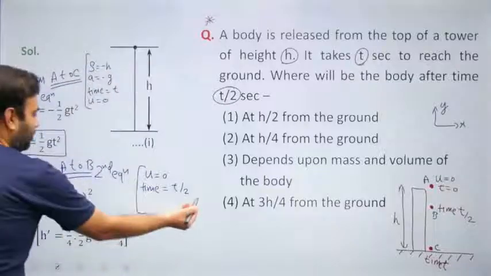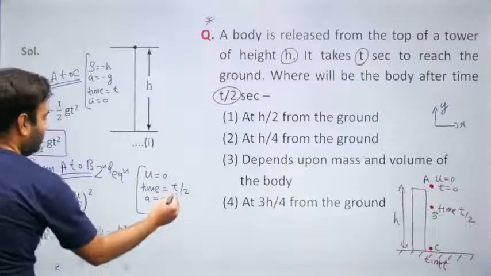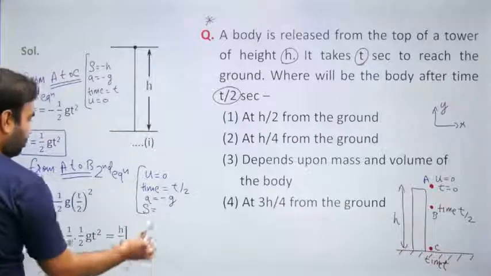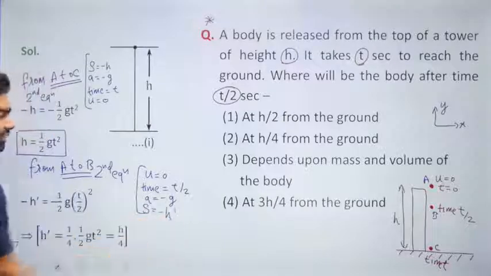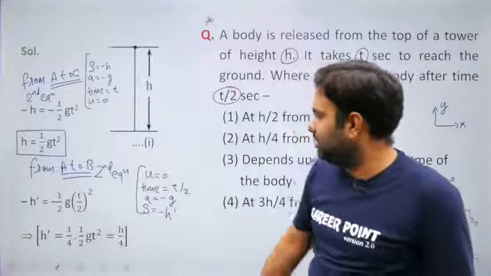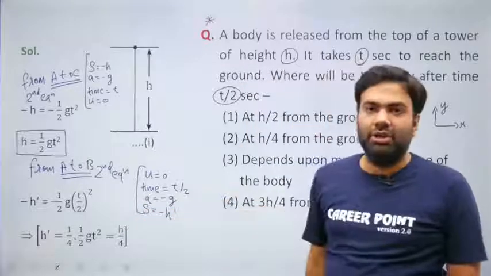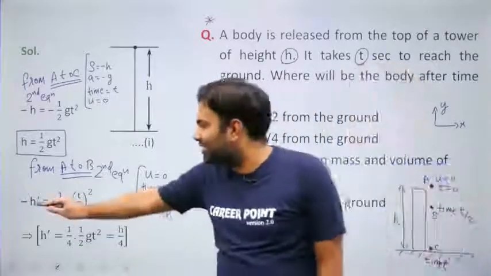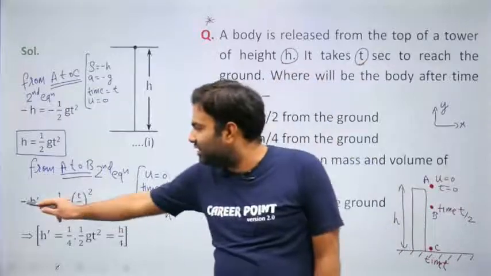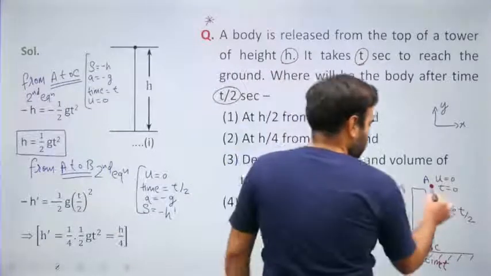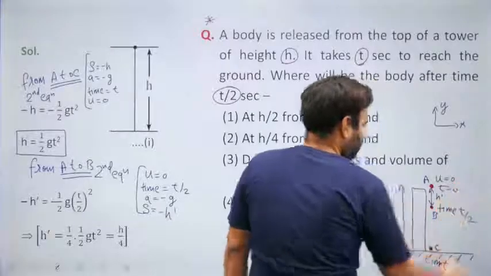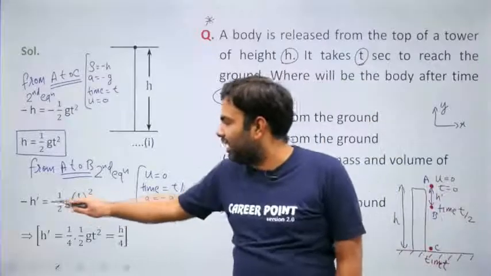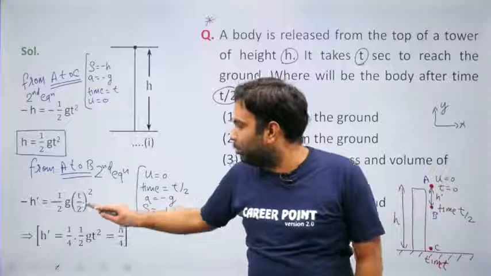Acceleration due to gravity is minus g, and displacement is minus h dash. We have to find the value of h dash. So apply the second equation, s equals ut plus half at square, u is 0, so s equals half at square. S is minus h dash because it is downward. So minus h dash equals half times minus g times t by 2 square, because time is t by 2.